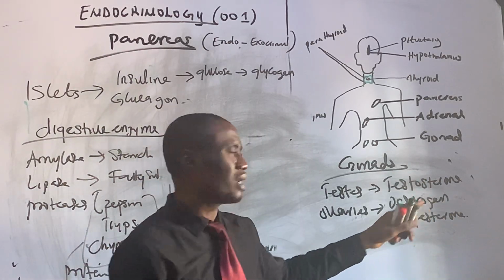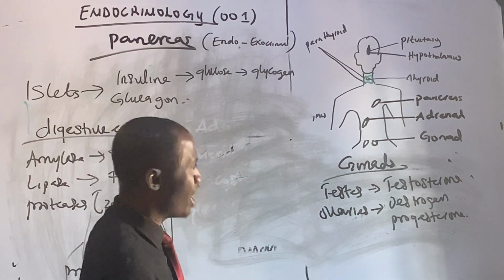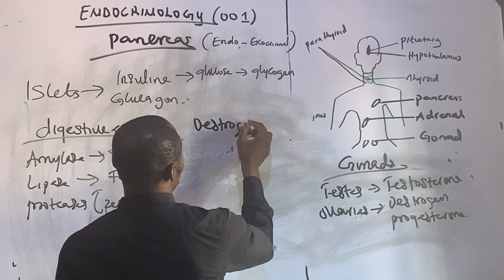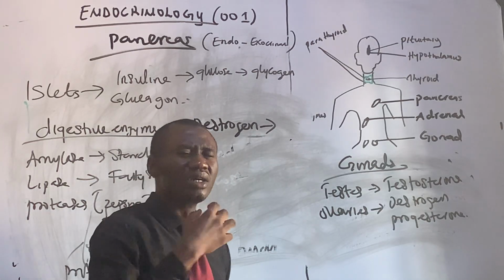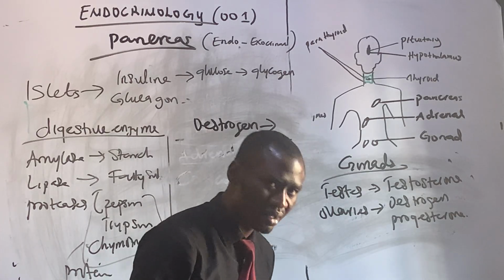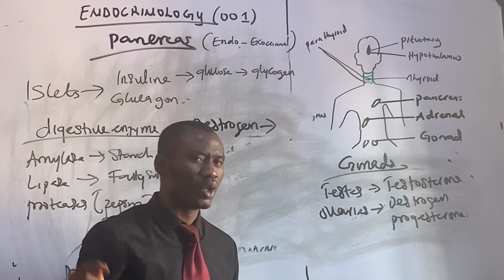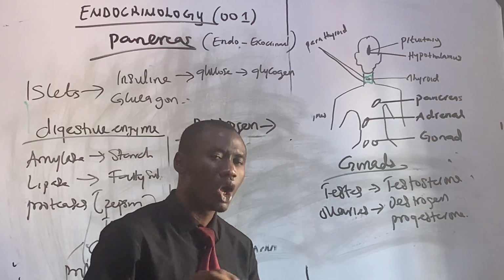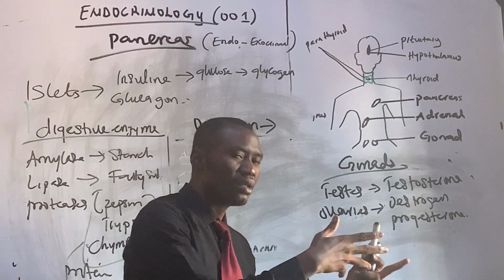All right. Now, you talk about the estrogen. You need to pay attention to that. Now, the estrogen is involved in the first phase of the menstrual cycle, which is known as the follicular phase. Then progesterone, if implantation did not happen at the uterus, will continue the second phase of the menstrual cycle, which is known as the luteal phase.